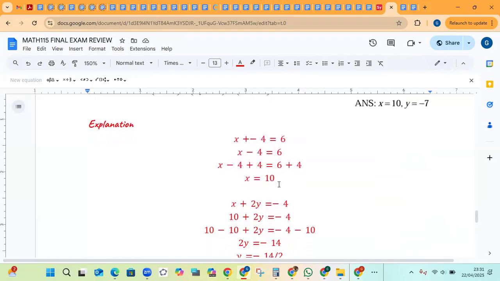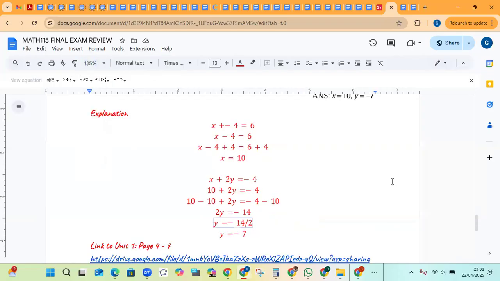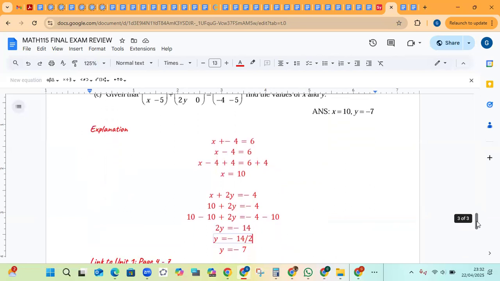Here we have x is equal to 10, and y is equal to negative 7. Negative 14 divided by 2 is equal to negative 7. So we have found the answers that were provided: x is 10 and y is equal to negative 7.